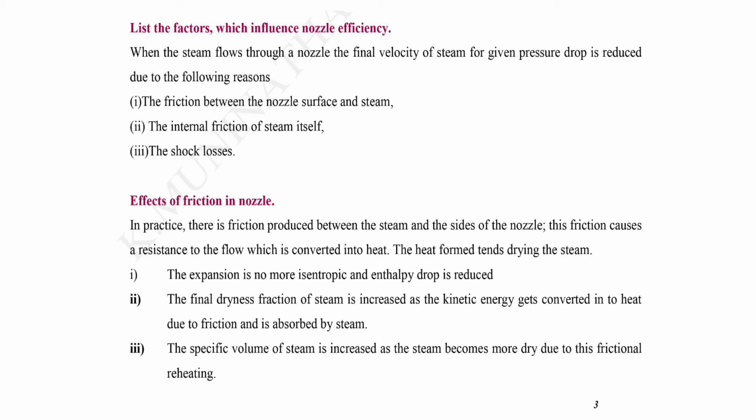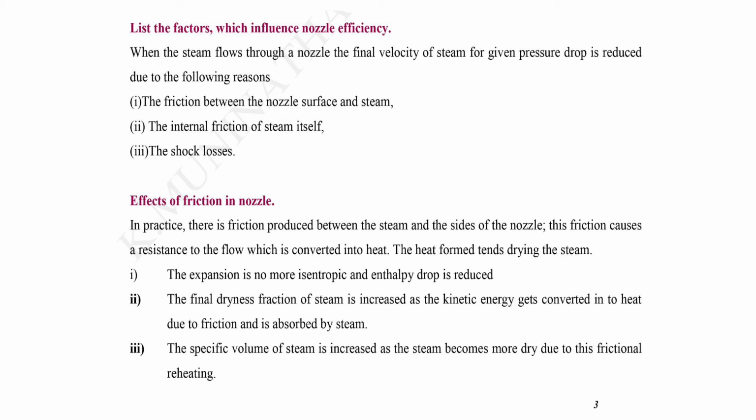And the effects of friction in nozzle. In general, friction loss is considered a major loss, so the effect of friction in the nozzle is an important part affecting the efficiency of the total system.